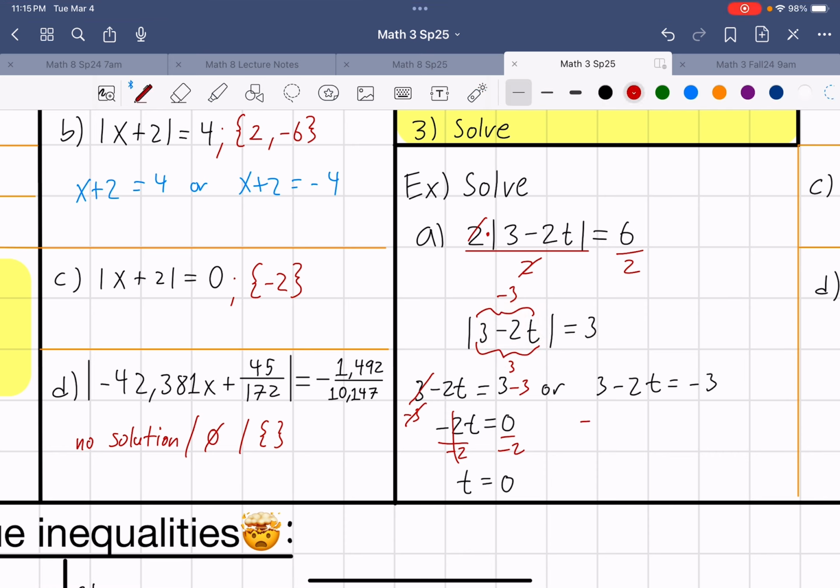Next portion, same thing. Subtract 3 on both sides. Leaves me with negative 2t is equal to negative 6. Divide both sides by negative 2. And I'm left with t is equal to 3.